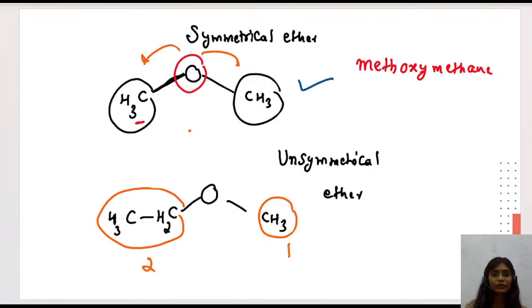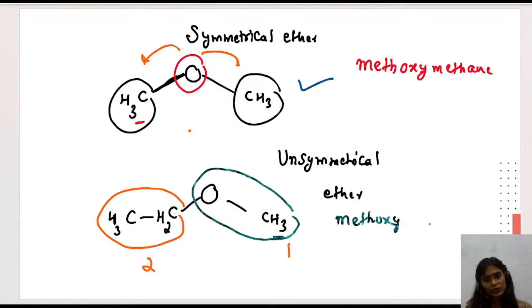Then how about the second one? In this case, there are two choices. For example, maybe this methyl is part of the oxy. So condition number one, it is going to be methoxy: this oxygen combined with the CH3, and the second one is going to be the ethane part. This is condition number one.